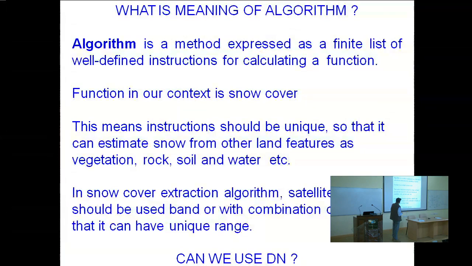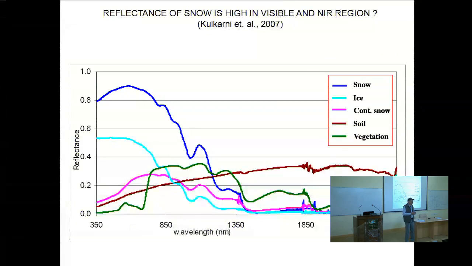into this issue. Before going to that slide, I wanted to show you this slide again and say what really happens to the spectral reflections. As human beings, we have very limited vision; we can see only up to 700 nanometers, but satellite remote sensing has a much larger spectral band, as you can see.